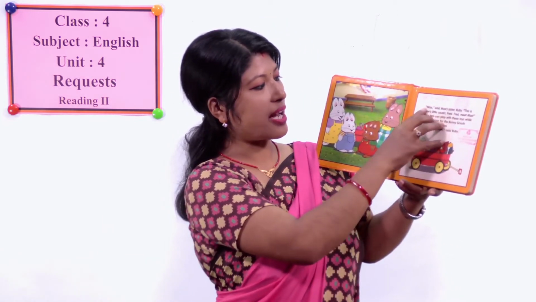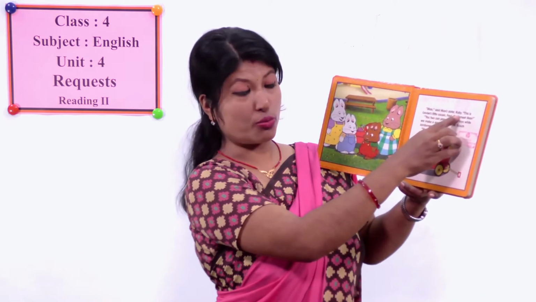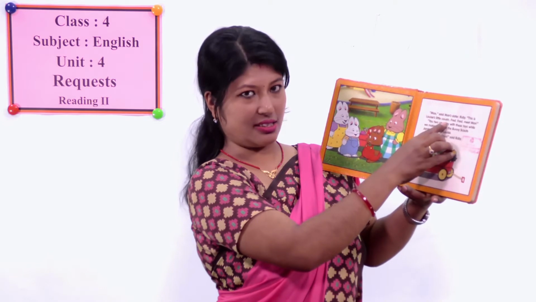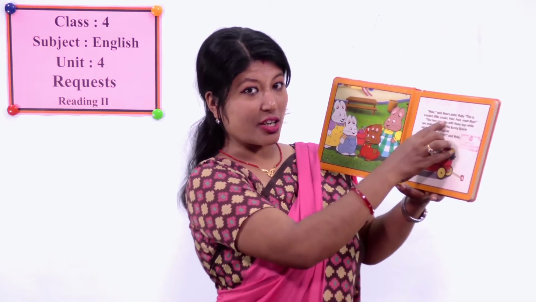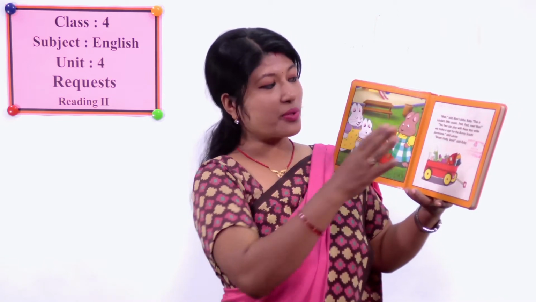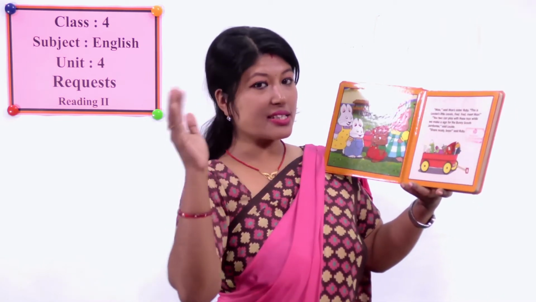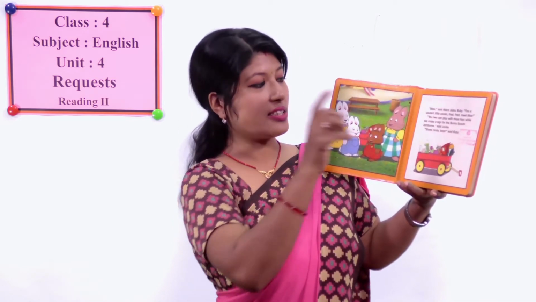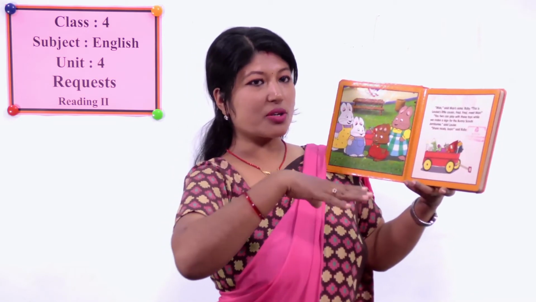Max said, Max's sister Ruby. This is Louis' little cousin. Cousin means? Who is a cousin? Cousin means they are also your brother and sister, but when the parents are brother and sister, then the children become what?